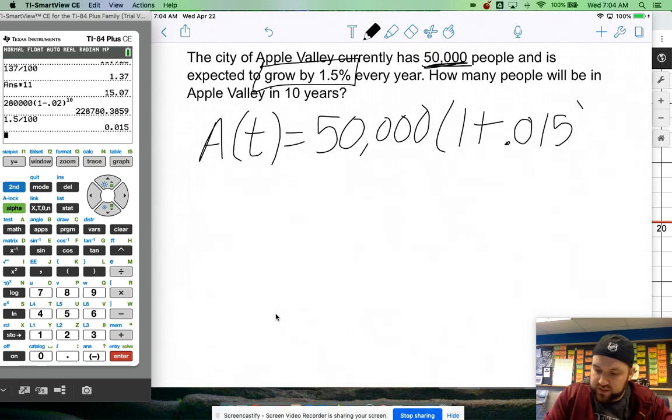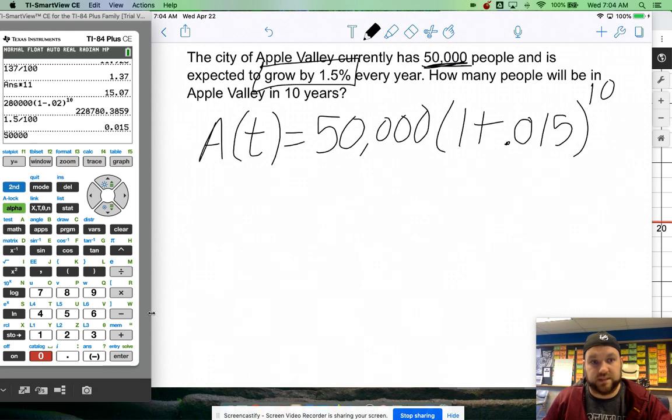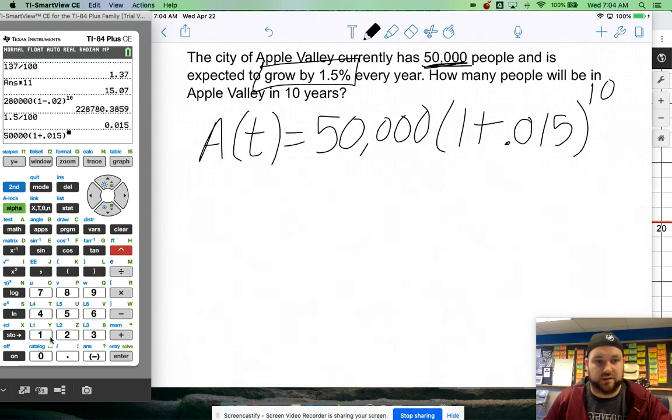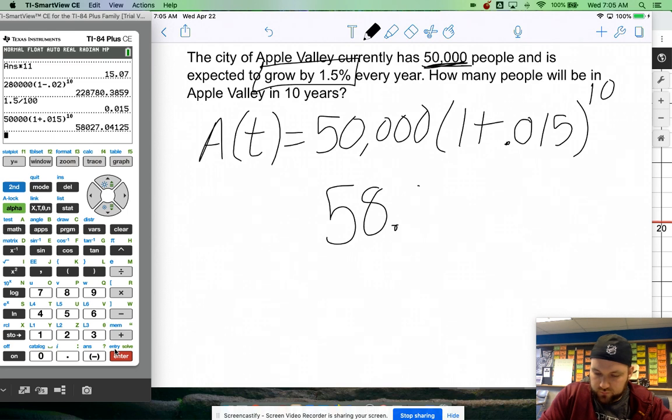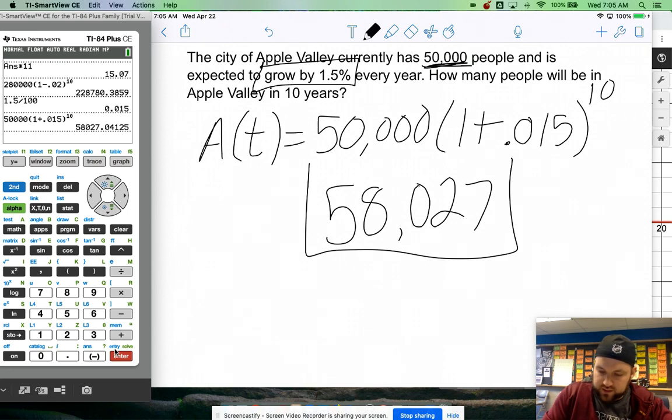Make sure you move that decimal twice, and then again raised to the 10th power in this case because I wanted 10 years later. So this is 1 plus 0.015 raised to the 10th power. 58,027. Again, I'm talking people, so I'm going to not include that decimal at all. 58,027.